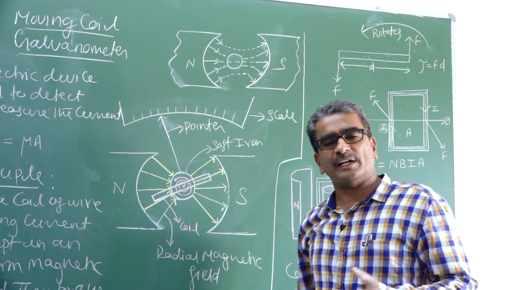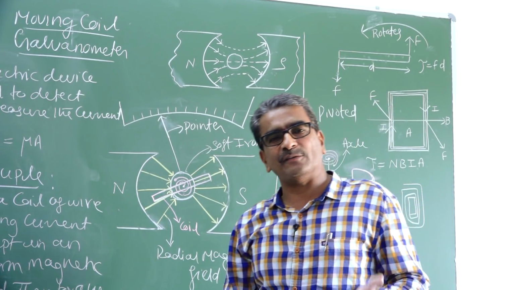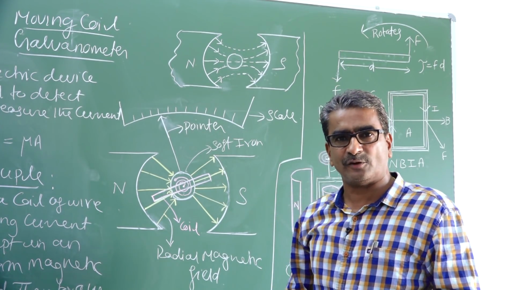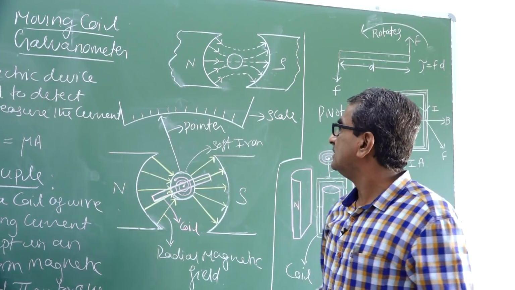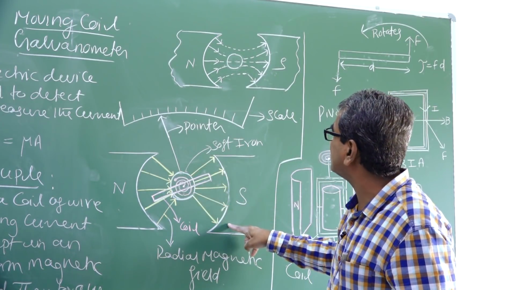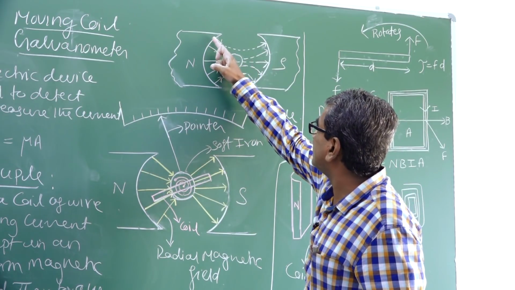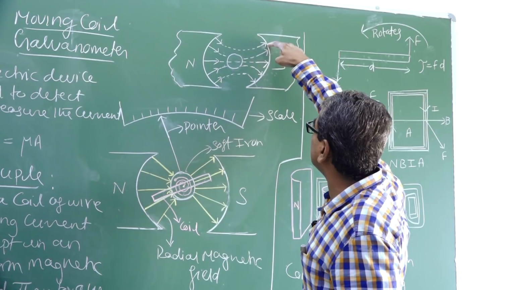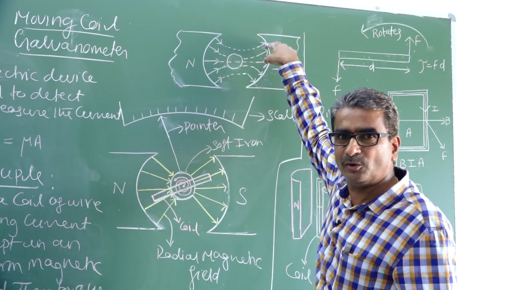If they intersect with each other, then definitely it is the violation of the property of magnetic line of force, which is not going to happen. So this line, instead of passing straight like this, because of this iron cylinder, it comes very close to the iron cylinder and moves away like this towards south pole.